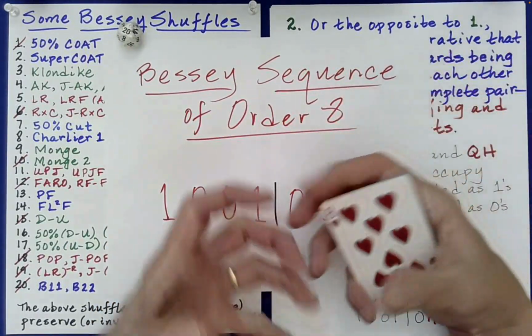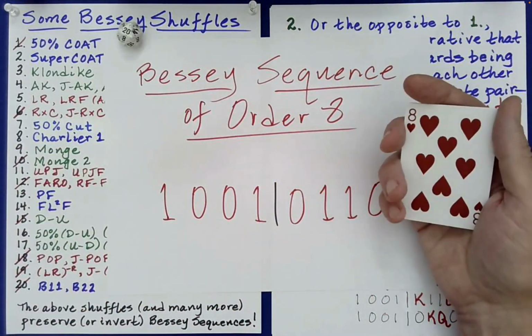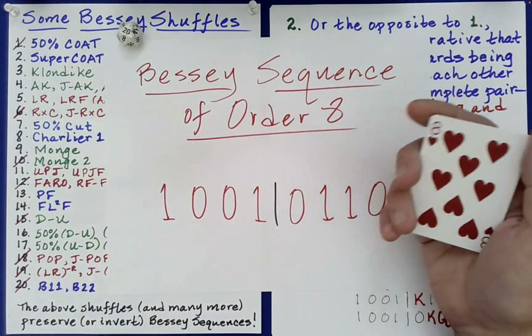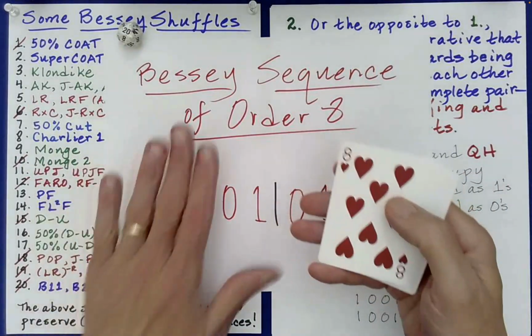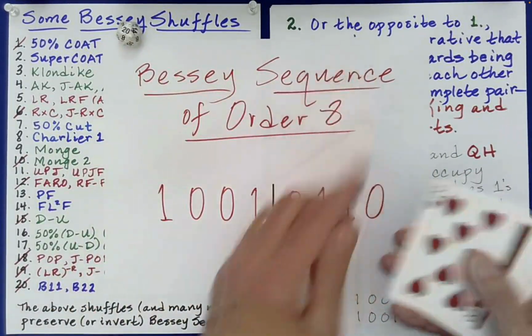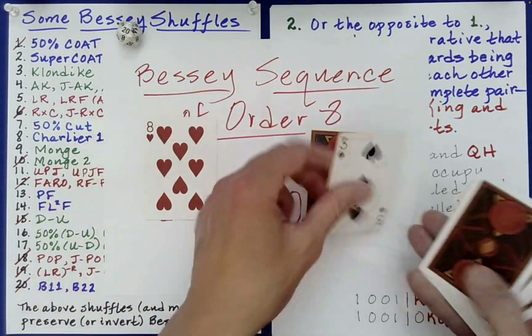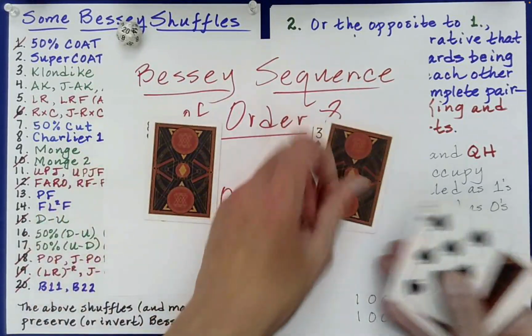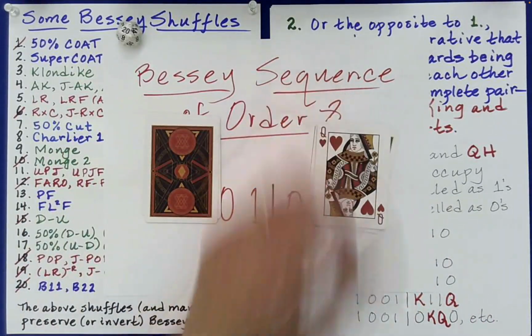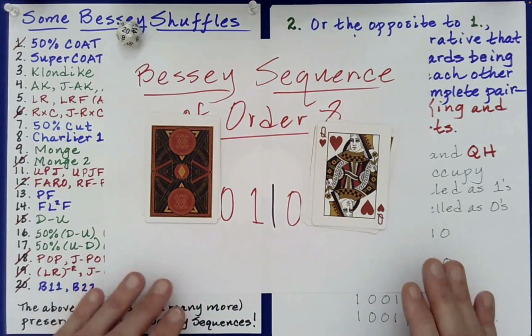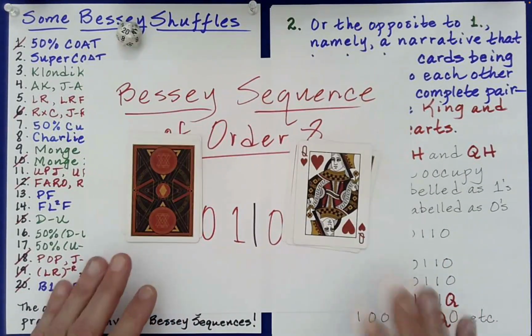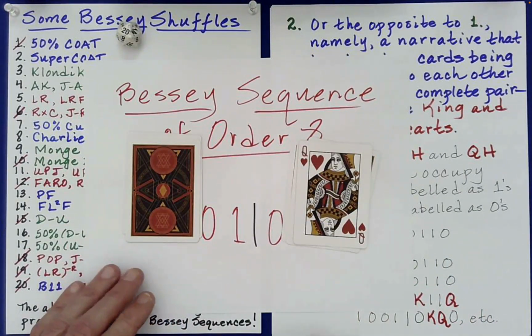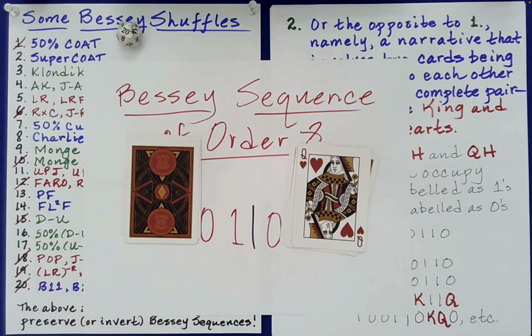Okay, and that will pull apart this Bessey sequence and achieve the very thing that we hope to achieve. So if you think of 1 here, 0 here, so it's like 1, 0, 0, 1, 0, 1, 1, 0. Okay, now the claim is that we've kind of done the opposite of what we did in the first routine. Here we've actually brought the King of Hearts and the Queen of Hearts together.